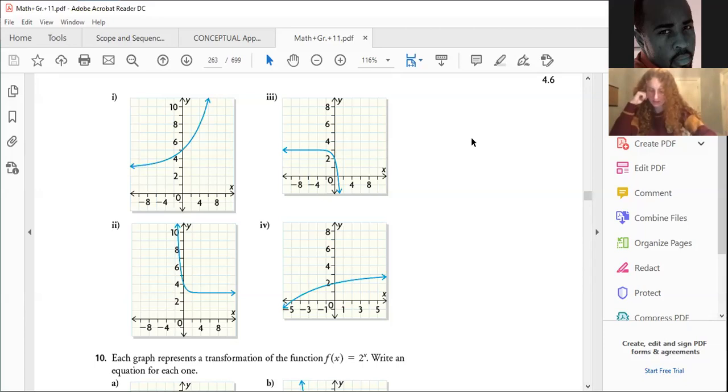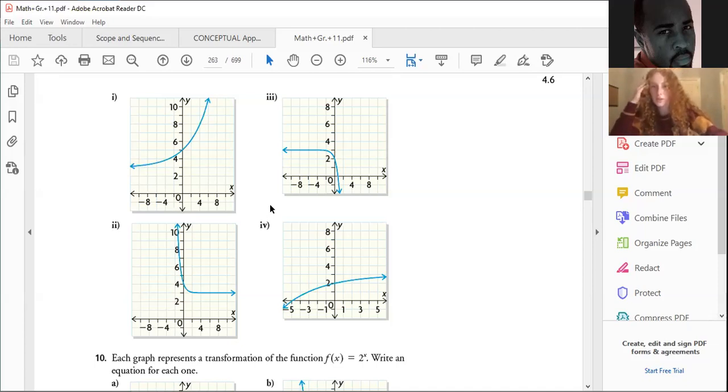Let's find A. Maybe if I find my y-intercept. Yeah, use your strategy. Apply yourself. Match it. 2.